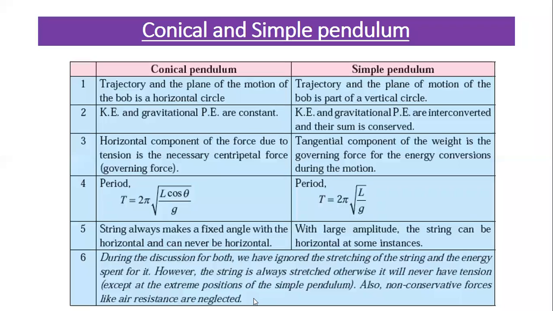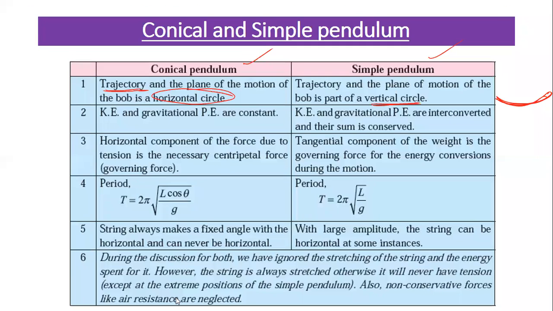Now the distinction or difference between the conical pendulum and the simple pendulum. Here the trajectory, meaning the path followed by this bob, is a circle. And here in the simple pendulum, the trajectory is a vertical circle like this.